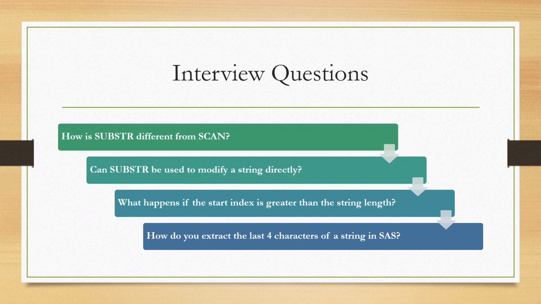Using the LENGTH function, as we have seen while applying the INDEX function, we can apply it to the var variable, which will give the length of the complete string, and then we use -3 in front of it. So the second argument, which is the starting position, will be the length of var -3, and it will read the last 4 characters of the string in SAS using SUBSTR.